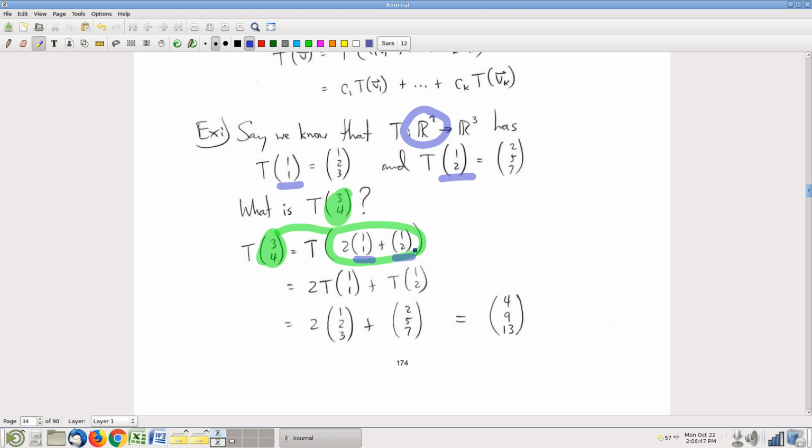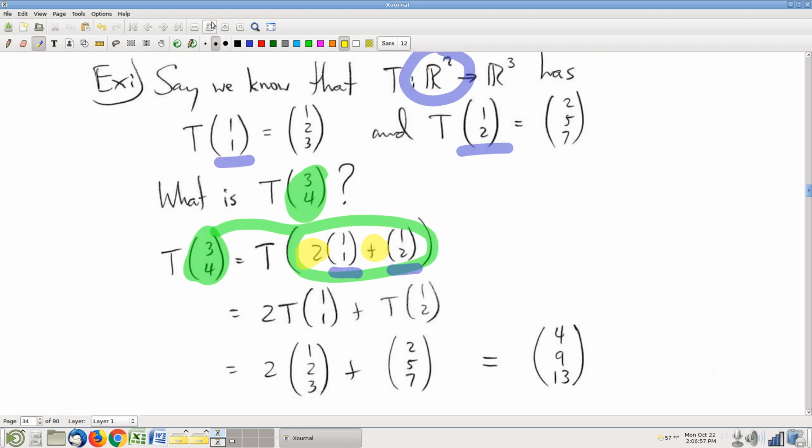Now there's a little bit of a chapter 1 problem there. What are these coefficients that allow me to write (3, 4) as a linear combination of (1, 1) and (1, 2)? So if you want to write that down as a little system of equations, whatever, it's effort, but anyway, something can be done, and you can persuade yourself that there's exactly one way to do it with coefficients 2 and 1.